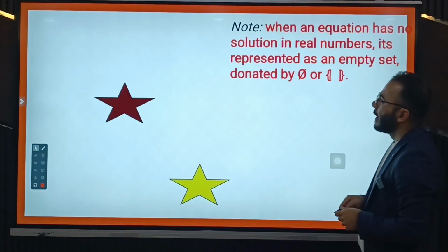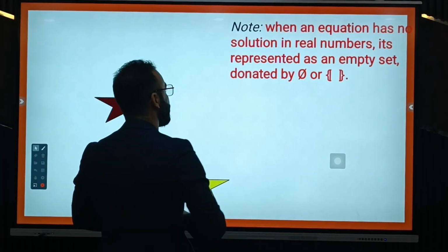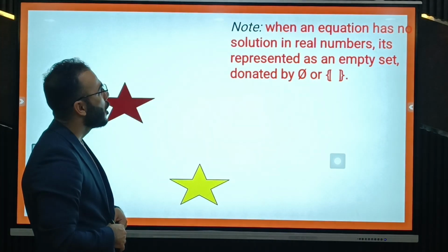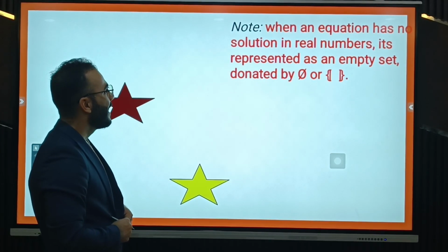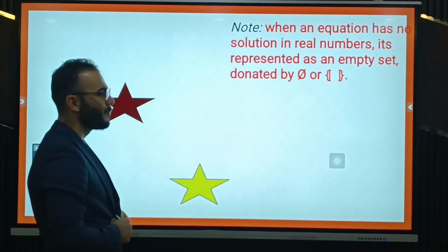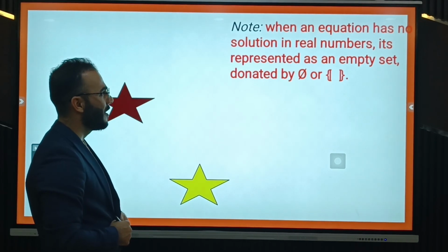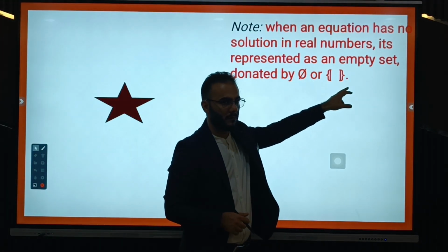Perfect. So the next thing that we are going to deal with in this section is the solution of an absolute value equation. So note, when an equation has no solution in real numbers, it's represented as an empty set, denoted by that symbol or this one.